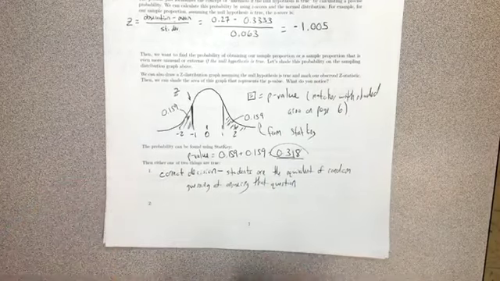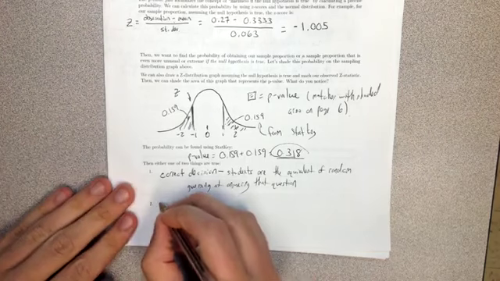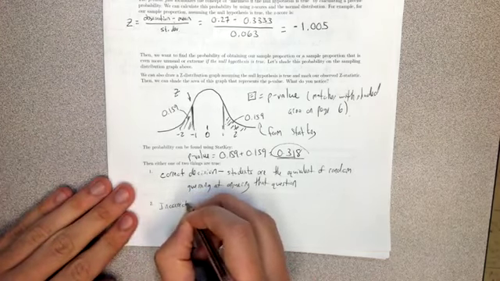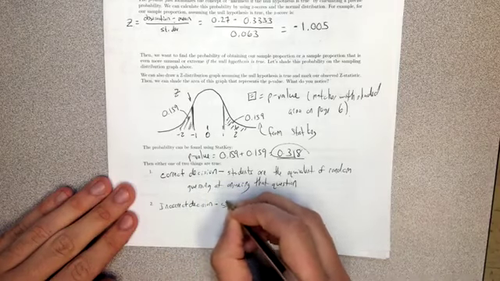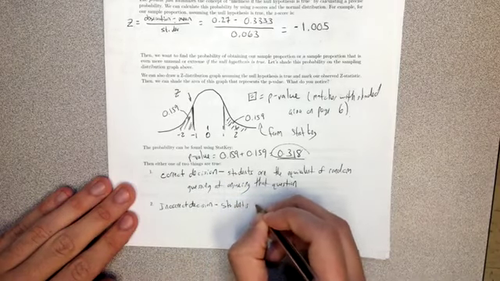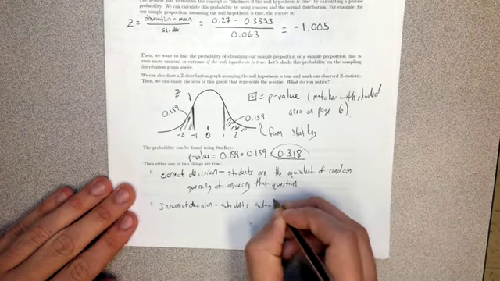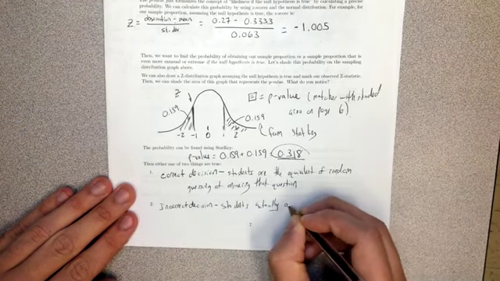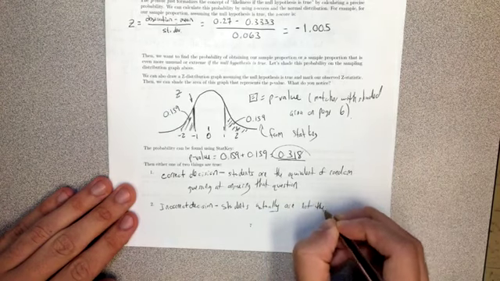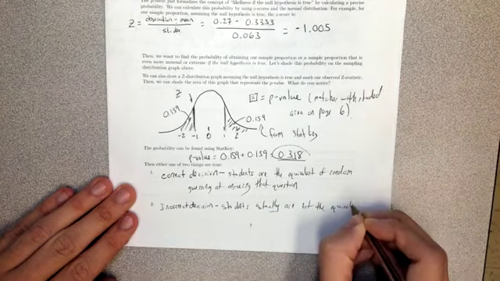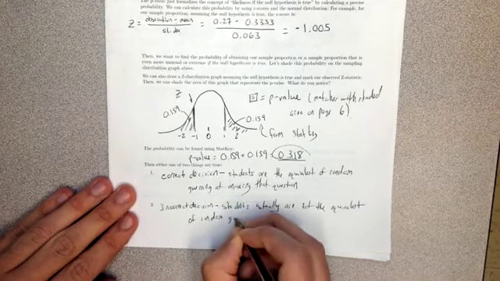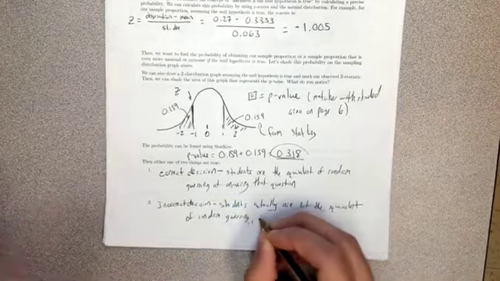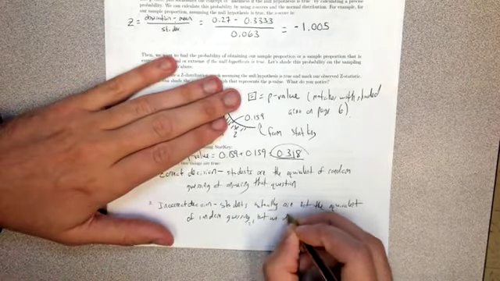Or we failed to reject the null hypothesis, but it's actually false. In that case, incorrect decision. Students actually are not the equivalent of random guessing, but we didn't have enough evidence to say so.